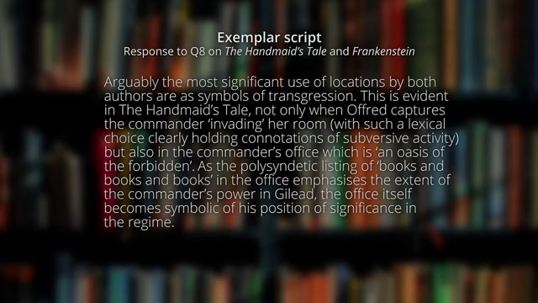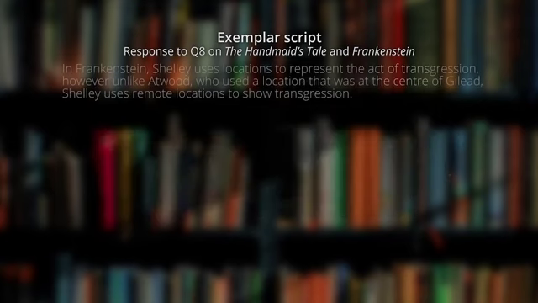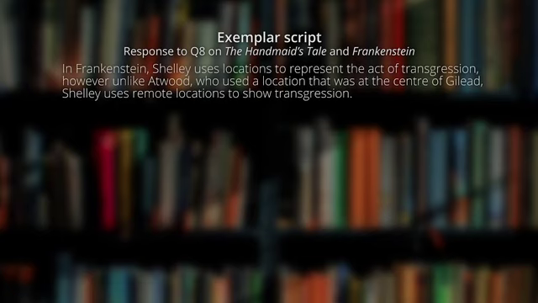Let's look at what they said about Frankenstein. In Frankenstein, Shelley uses locations to represent the act of transgression. However, unlike Atwood, who used a location that was at the centre of Gilead, Shelley uses remote locations to show transgression.